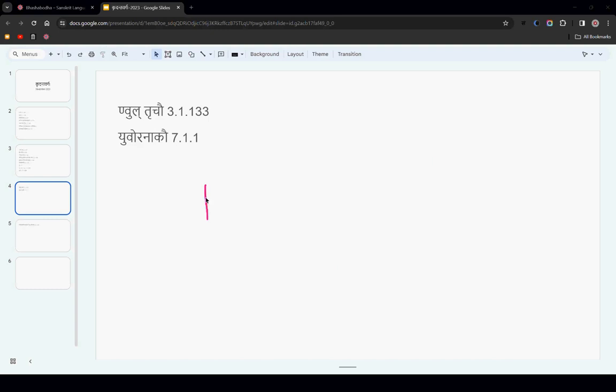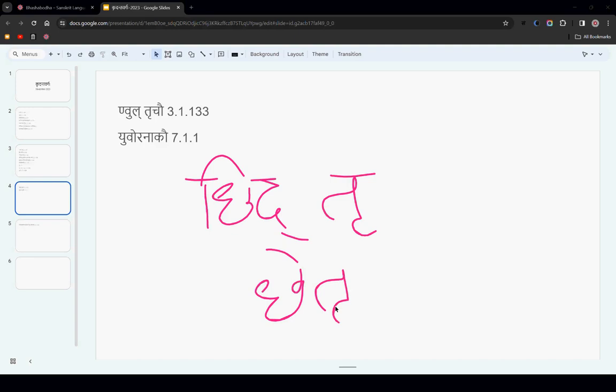Then chid dhatu, then tru, chettru. Chettru, one who does chedanam, one who divides or breaks. Jnatru, jnata, jna dhatu becomes jnatru. What else do we have?